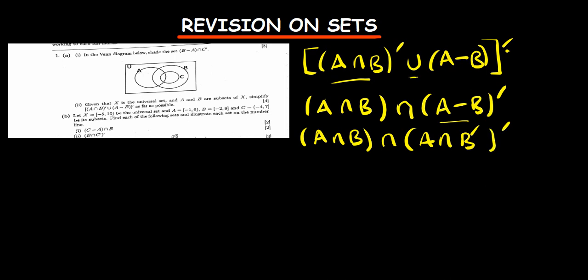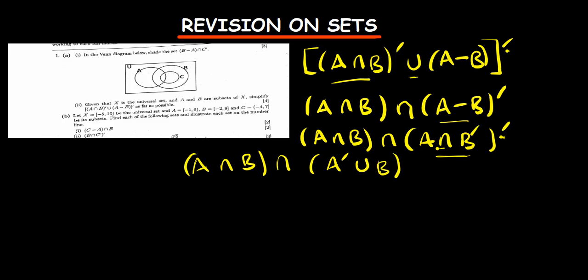Then I will have A intersect B, intersect, and I can distribute this complement in this set. When I distribute that, I will have A complement, then union, since intersection changes to union, then B there. So how do I move from here?